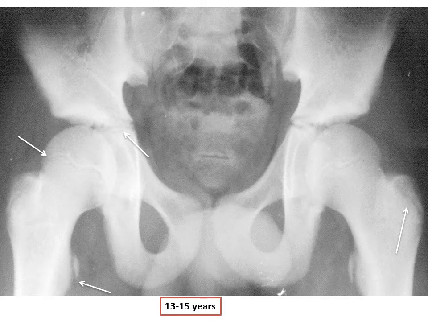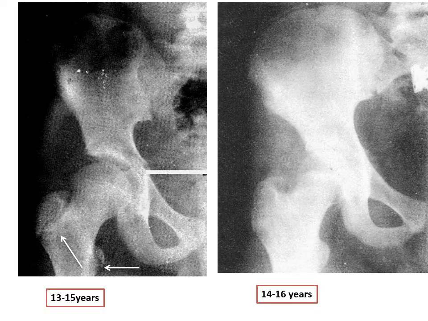Again, once more, we are having a view of X-ray of hip joint. The triradiate cartilage is not obliterated. We find head of femur, greater and lesser trochanters have appeared and they are not fused. These are the centers.